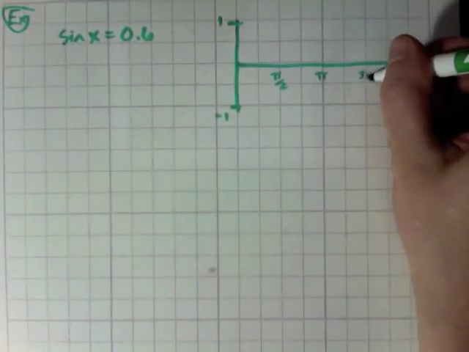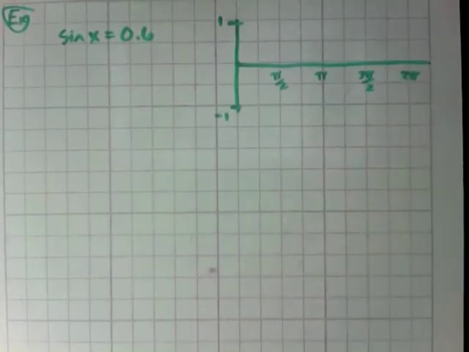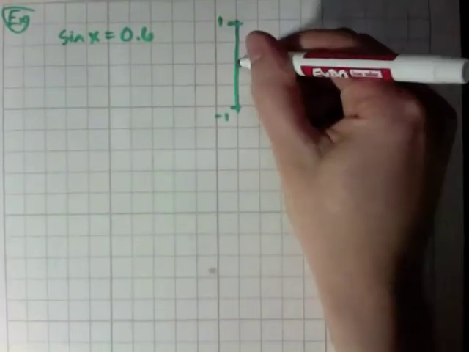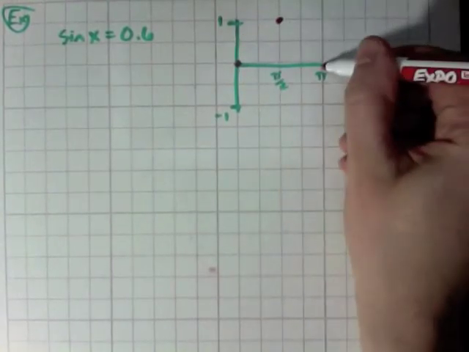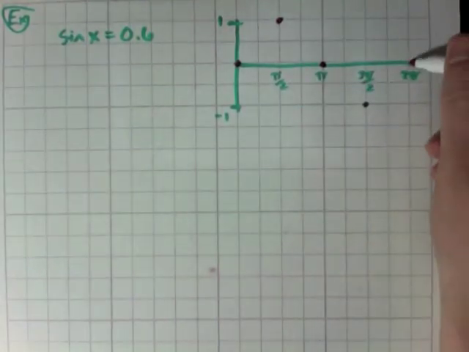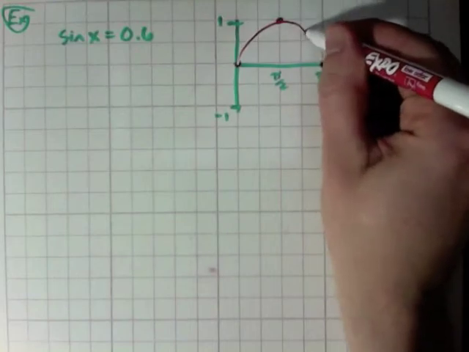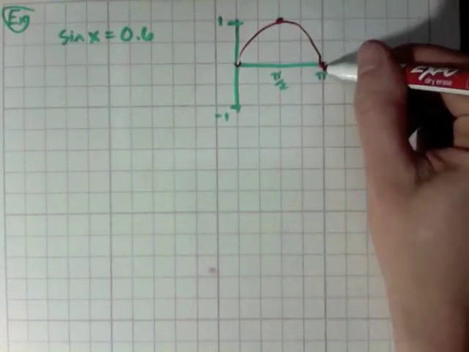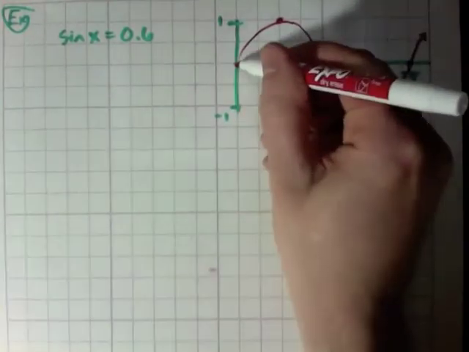Let's see, this would be 3 pi over 2, and here is my 2 pi. And sine, once again, starts at 0, goes up to 1 at pi over 2, back down to 0 at pi, down to -1 at 3 pi over 2, and back up to 0, and is a curve like so, something like that.